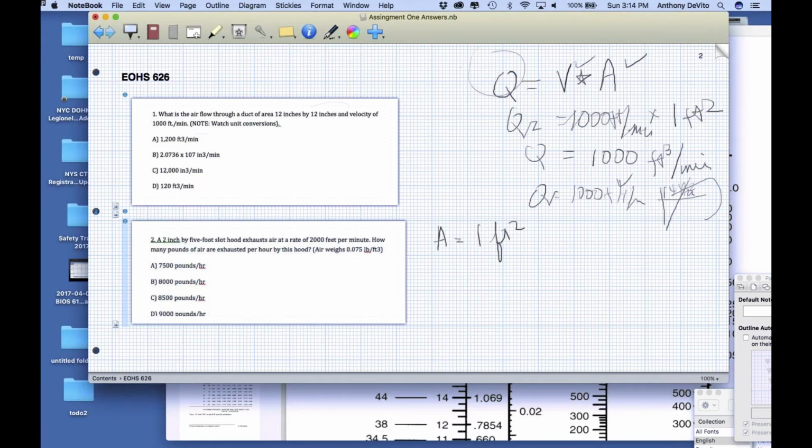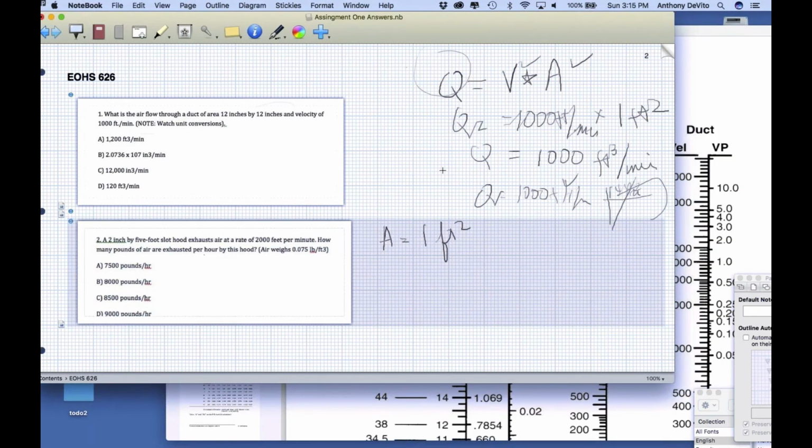So what we know is we have 2,000 feet per minute.